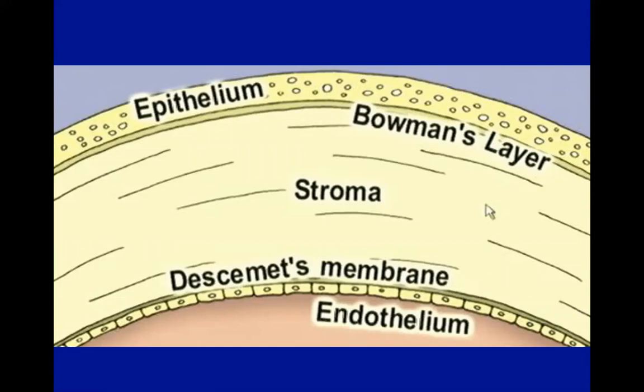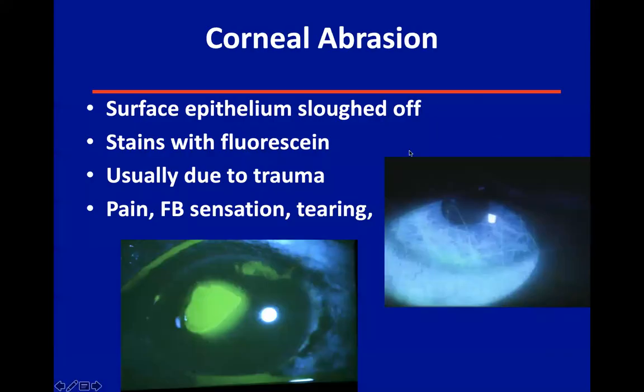So it regenerates. So when we talk about a corneal abrasion, the surface of the epithelium that I just showed you actually gets sloughed off. The Bowman's and below does not get affected. It usually stains with fluorescein. Please remember this stain. It's really very important. This is what we call our fluorescein stain.